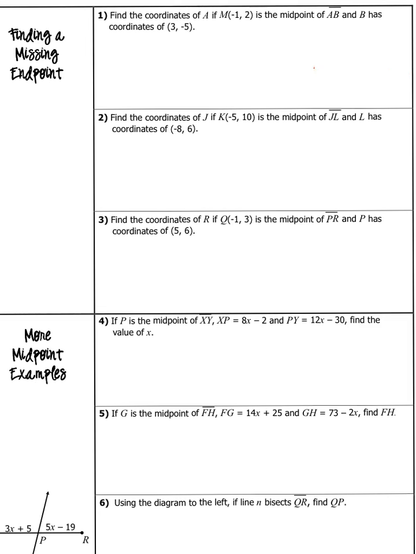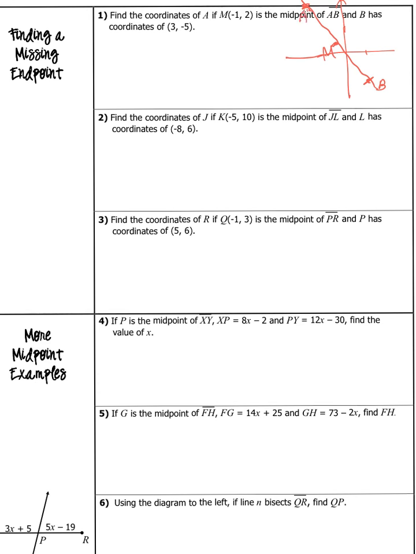I don't have a graphing paper here, but if I have the coordinates here, 3 and -5 should be here. -1 and 2 should be here, so that's my M. And if I connect the dots, right, this is my B, this is my M, and somewhere here should be my A. So that gives you a sense that X should be a negative for A, and Y should be a positive.